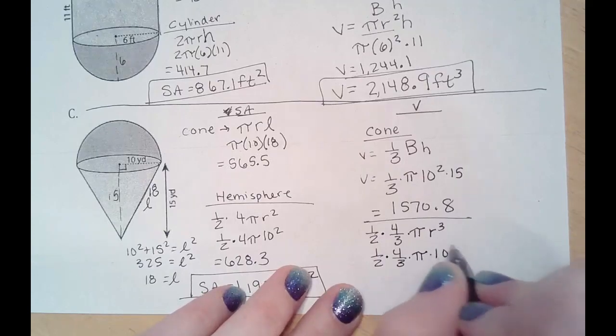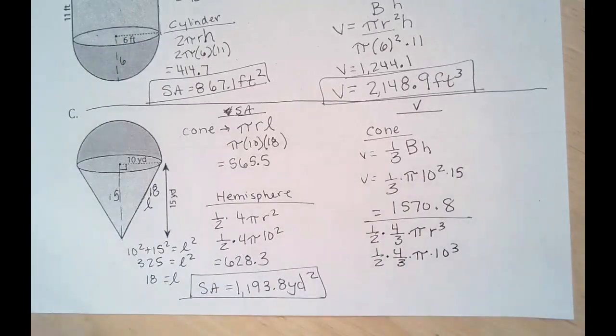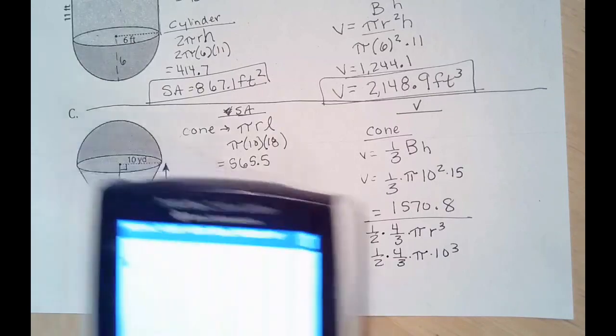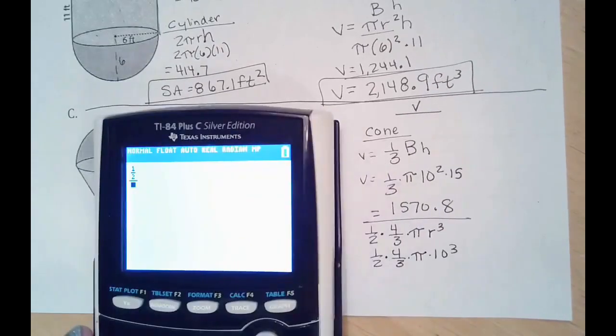Take a second, plug all that into your calculator. I'll show you me plugging it into mine. Alpha y equals enter, 1/2, and let's times by 4/3, then times pi, then times 10 to the power of 3. We get 2,094.4.